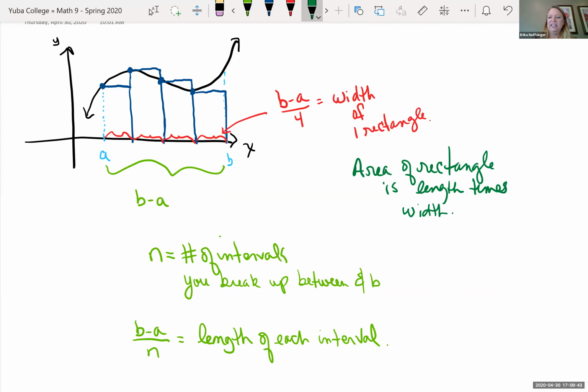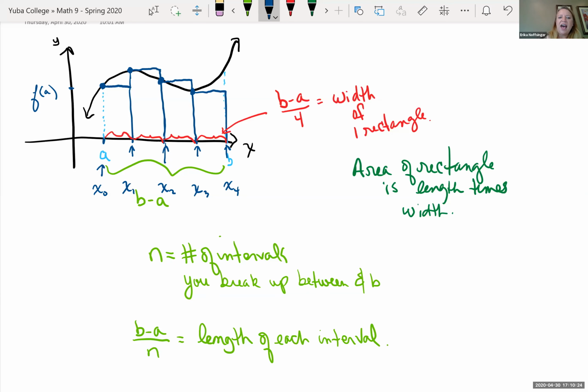So we have the width of our rectangle, and to find our heights, we just look at the value of our function. Right here, that height is f of a. If I knew what my equation f of x was, I could plug that x value in to get that height. Same idea here. Sometimes we'll call these x sub 0, x sub 1, x sub 2, x sub 3, and x sub 4.